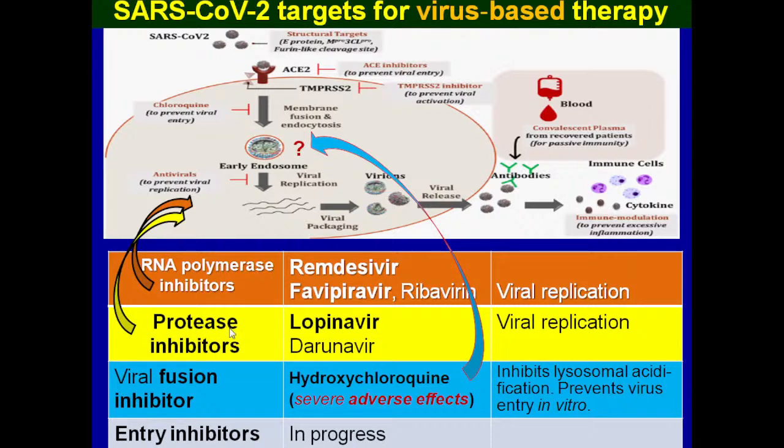Then protease inhibitors interfere with the cleavage of the first and second types of protein that are produced before and after the genome replication.